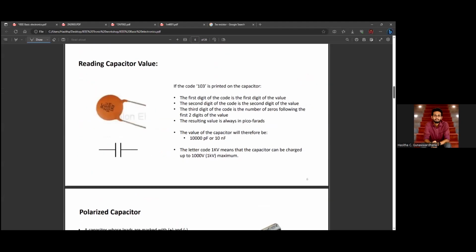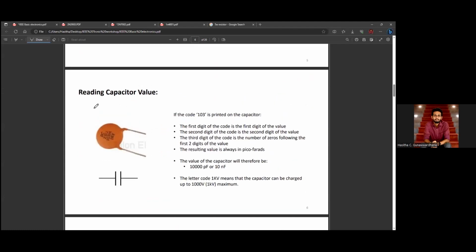Then you may also know about this. To read the capacitor value, there's a code here, like 103. We can get the capacitance value: 1, 0, and 3 zeros.